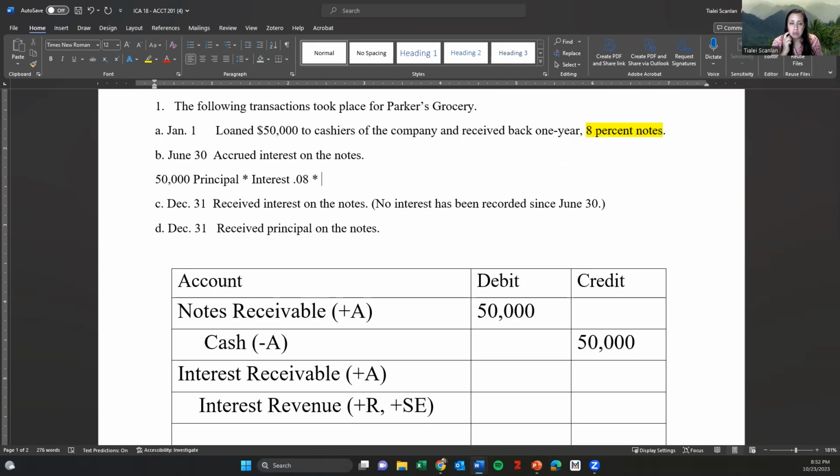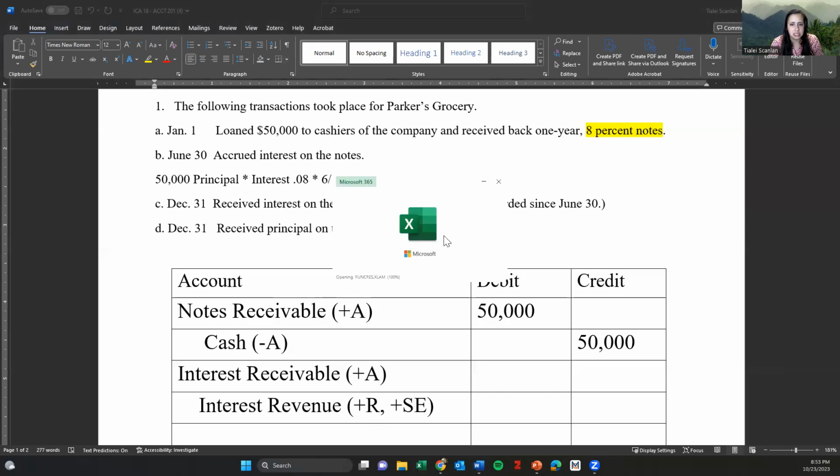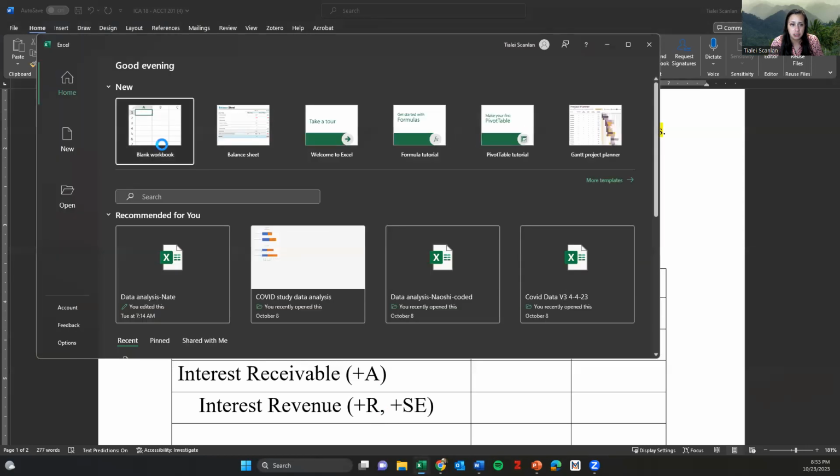And so how many months have they been earning interest from January? We said, all right, we counted 6 months out of 12, 6 out of 12 months. That's 50% or 0.5, if that helps you with your calculator. I'm going to pull up an Excel so we can see it. So 50,000 multiplied by 8% multiplied by 6 out of 12 months for our time.